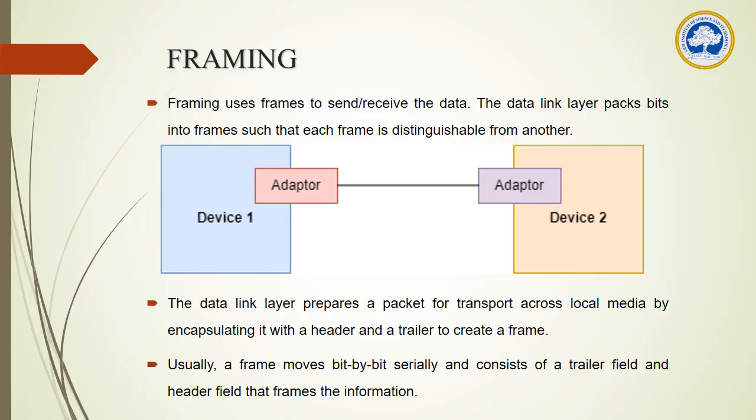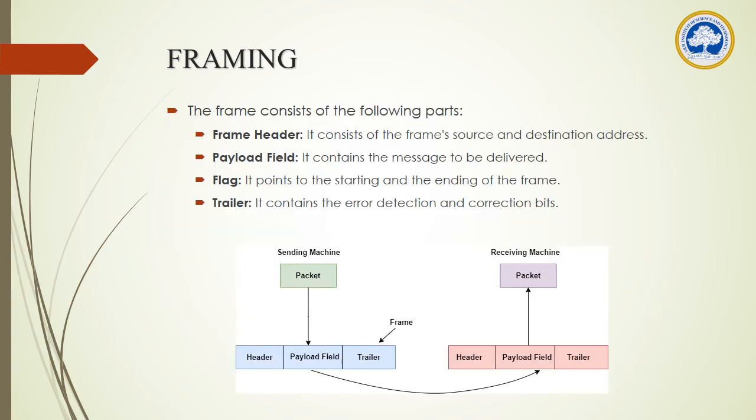Usually the frame moves bit by bit serially, and it consists of a header field and a trailer field which actually frame the information. The various parts available in the frame are the frame header, payload field, flag and trailer.